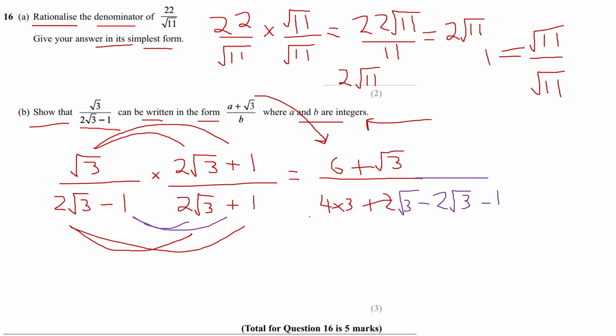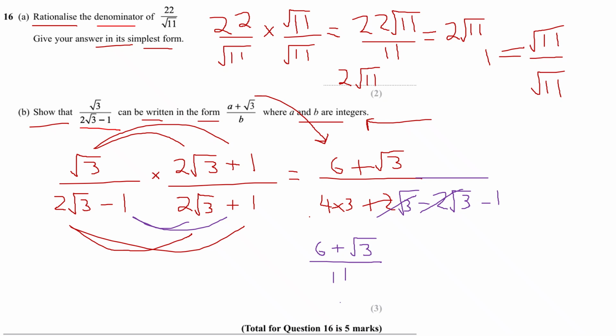For that, all I do now is just simplify. So 2 root 3 minus 2 root 3, they're going to cancel, hence eliminating the surd on the bottom. I'm going to copy down the 6 plus root 3 on the top. On the bottom, I'm going to have 4 times 3 is 12. Then I'm going to minus 1, I get 11.